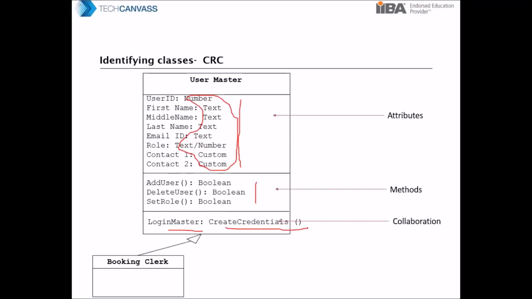I just mentioned trigger, but there could be different mechanisms to implement that. But the user master will definitely be responsible for creating the credentials for that particular user. And how do we show the inheritance? Booking clerk is a child of user master, because booking clerk is a type of user master.